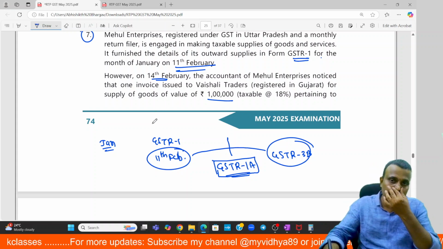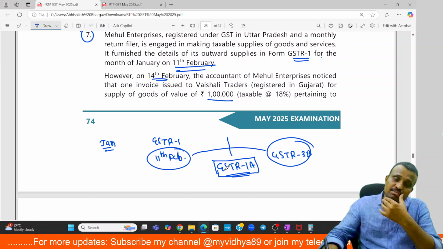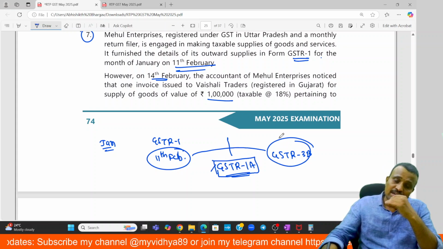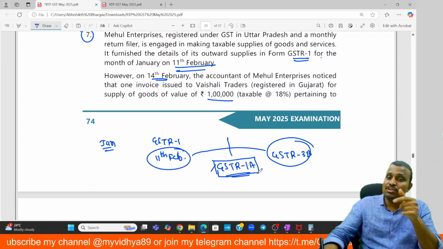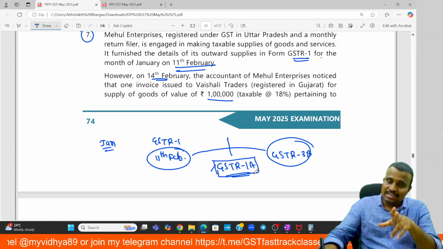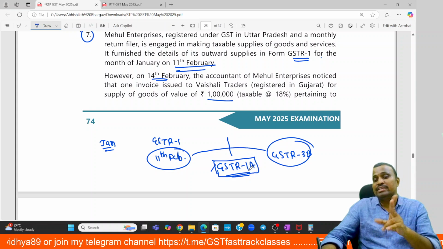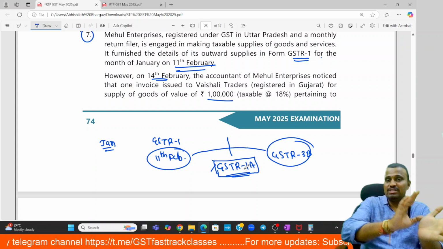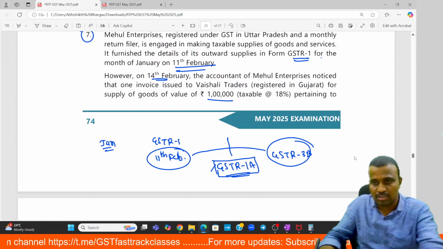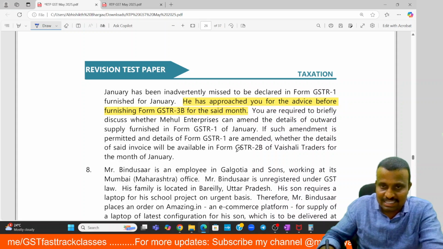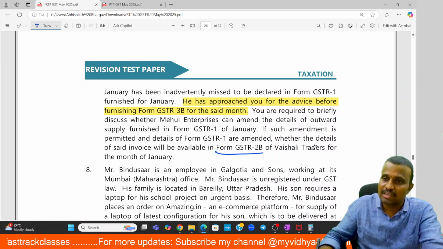Okay, and here, for example, as per the suggestion, you make the amendment in GSTR 1A, and another question is, as per GSTR 1A, is it auto-populated in GSTR 2A or 2B of the recipient? So that is the next question, right? Whether that party gets that amendment in GSTR 2B? Yes.